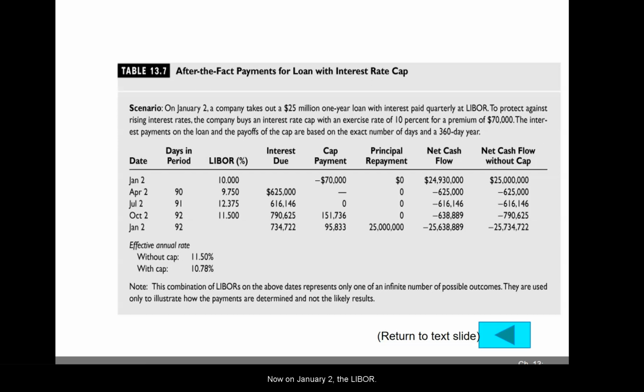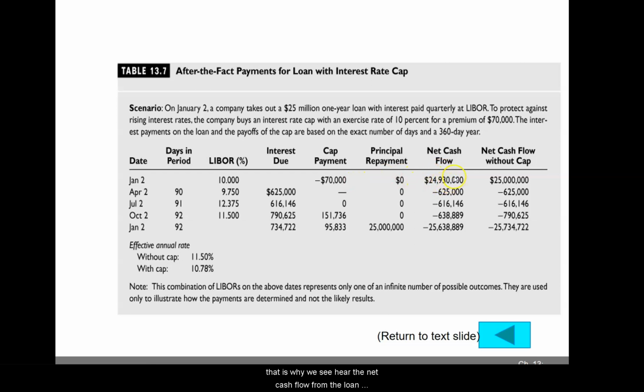Now, on January 2, the LIBOR in the spot market is 10%, which means that we already know the payment to be made for the first quarter on the 2nd of April, the rate that will be used will be 10%, and it's already known today. The cap is purchased for 70,000, and it is assumed here that the 70,000 paid for purchasing the interest rate cap is coming from the loan proceeds of 25 million.